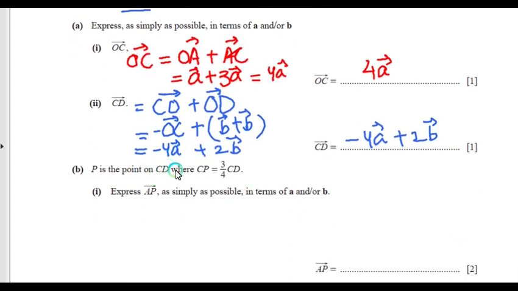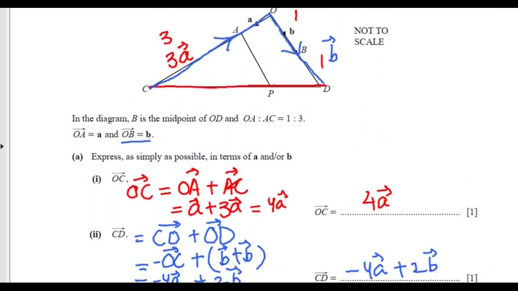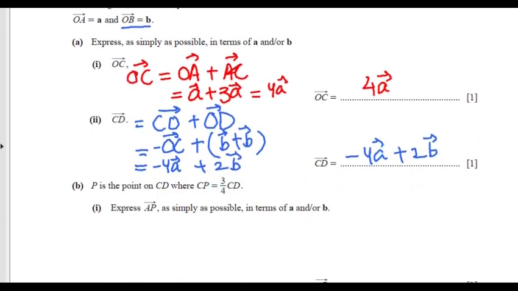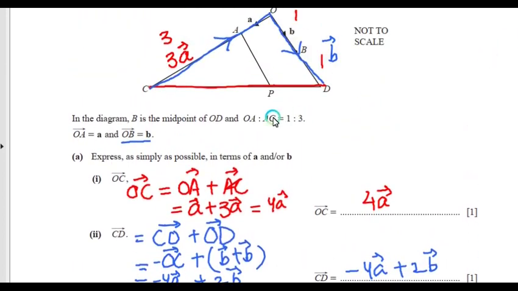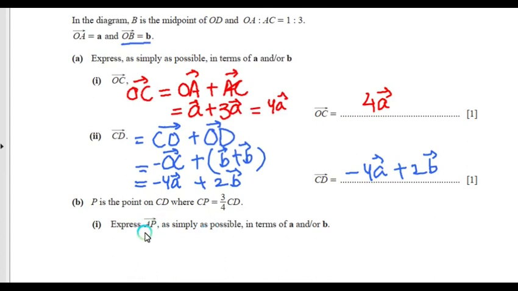Okay, the next, CD. CD is this, and it is actually the sum of 2 vectors, CO and OD. So CD will be equal to CO plus OD. CO is obviously the negative of OC, so we can write it as negative of OC.